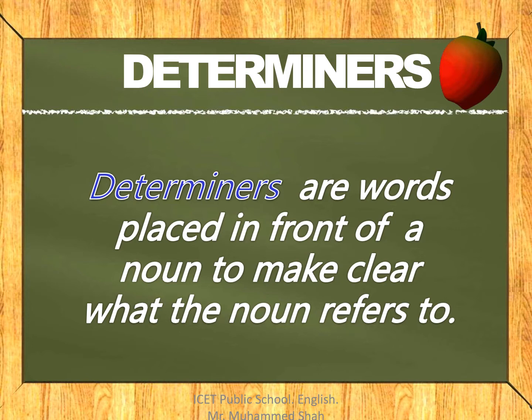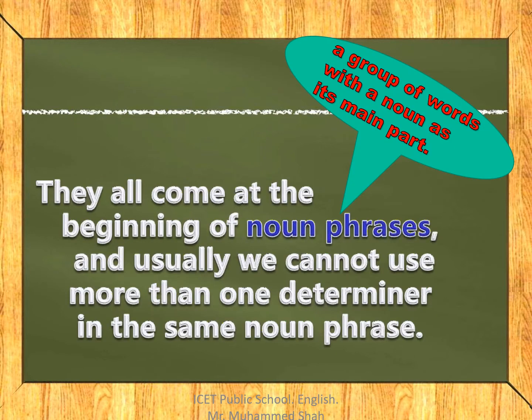So determiners will give more meaning to a noun, and you will get more idea about the noun if you use determiners. Usually they all come at the beginning of a noun.